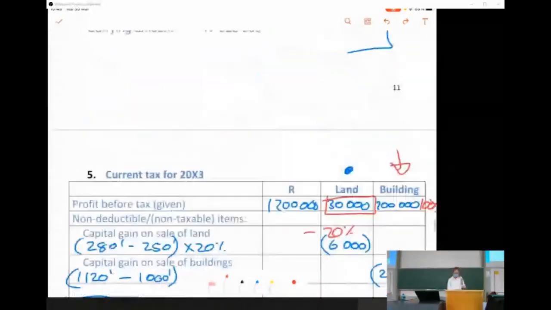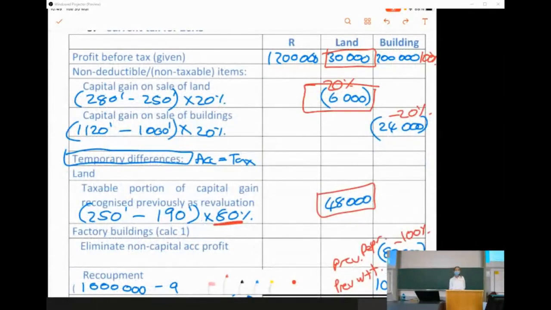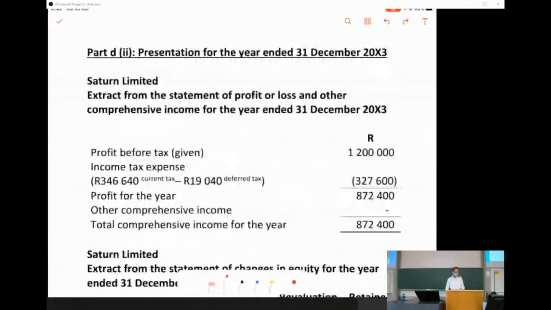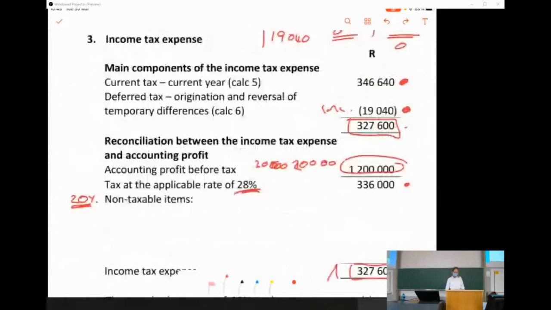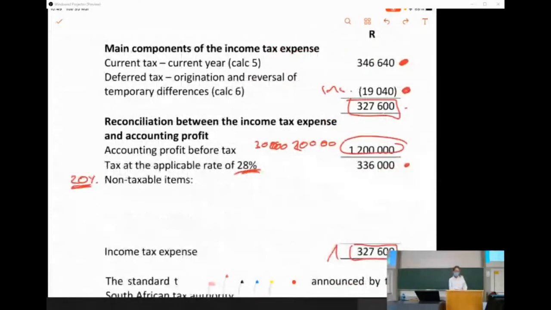Okay, so there's the 6,000 over here, which is then the difference, the 20% of my current year profit that I showed for accounting purposes. Okay, here's my note. Oh yeah, okay. So it's going to be my capital gain on the sale of land. Okay, and that is that 6,000, which is the 20% of the 30,000.